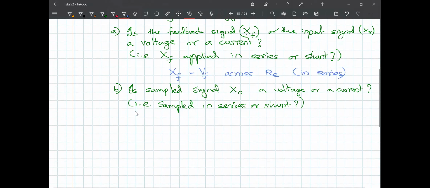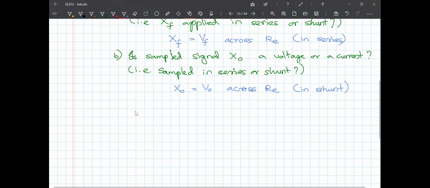So X out happens to be V out across Re. Again, it happened to be the same thing, in shunt. You measure it as a voltage using a voltmeter, so you put it across this.